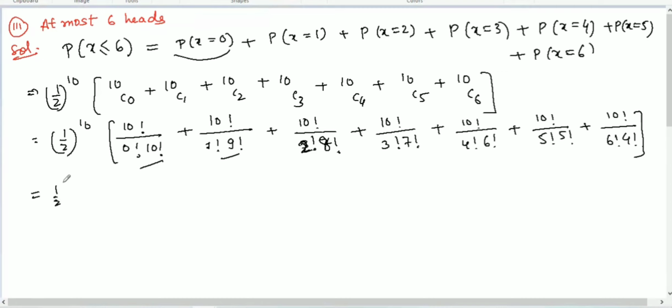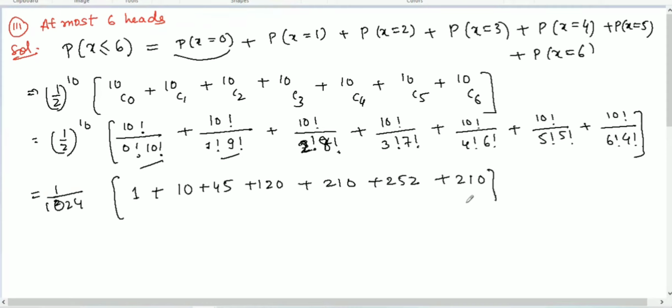So you will get here 1 over 1024, and if you calculate it, you will get 1 plus 10 plus 45 plus 120 plus 210 plus 252 plus 210. Now 1 over 1024, and then you add it and you will get 848. So 848 over 1024, try cancelling by 4.